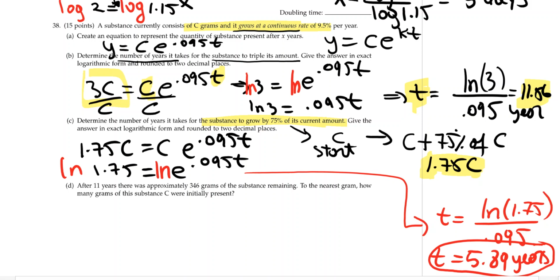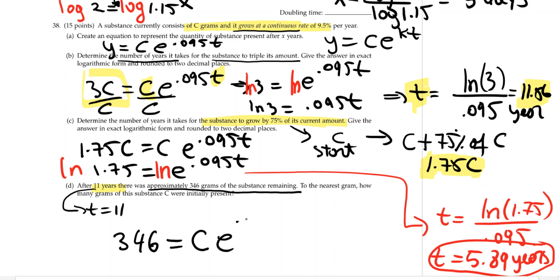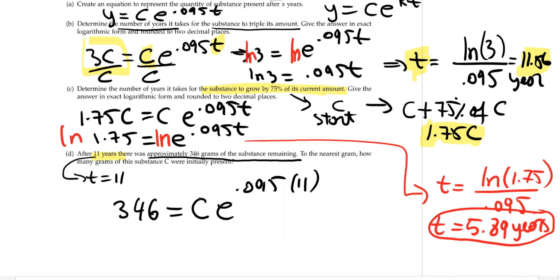Now it says that after 11 years, so that means when t is 11, there's that many grams remaining. So the equation is going to be 346, that's how much I'm going to have, equals C times e to the 0.095 times t, but t is 11. So basically I can solve for C now.